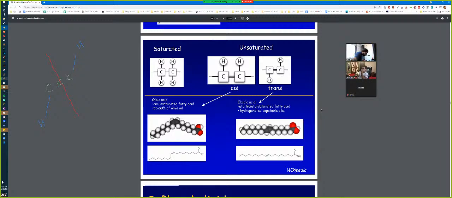Okay. Now, if it was like this, this color, you can't really see much. Let me see. If it was like this, it's cis. They're on the same side. Okay. So just give me a second.